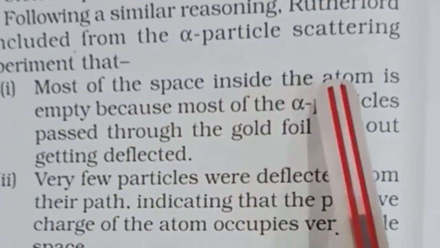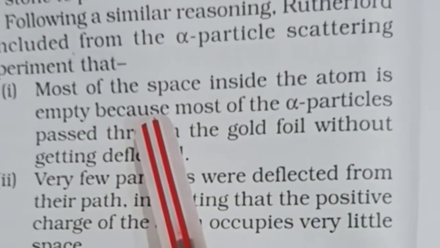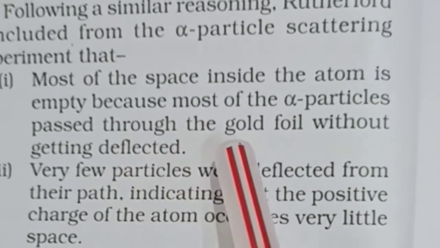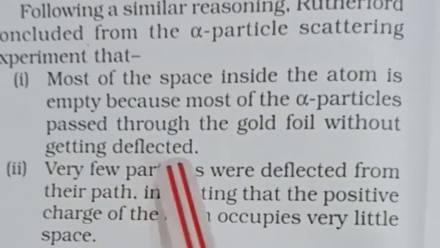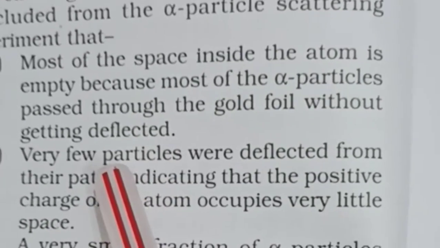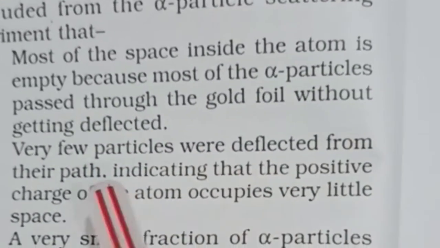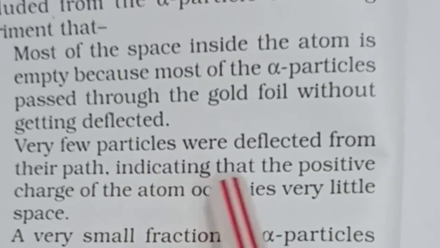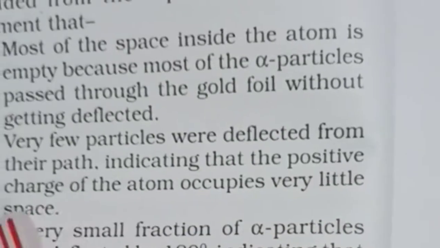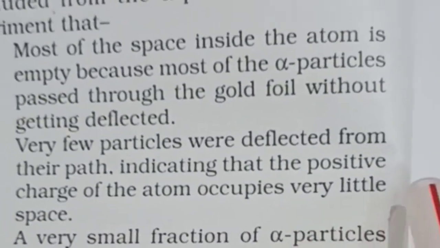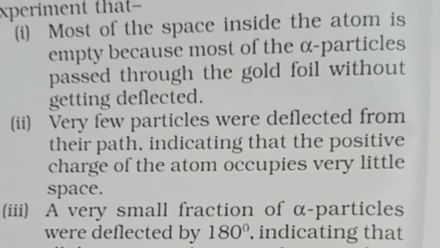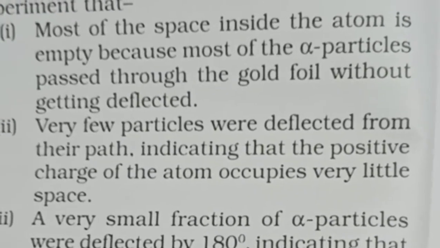Most of the space inside the atom is empty, because most of the alpha particles passed through the gold foil without getting deflected. Very few particles were deflected from their path, indicating that the positive charge of the atom occupies very little space.